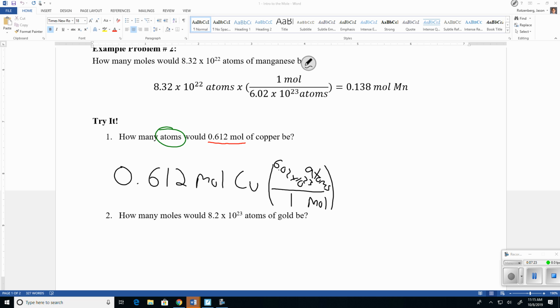Remember when we did a lot of metric conversions, the base unit had the number 1 in front of it? Mole was kind of like our base unit here. So what you would do is you would multiply because the number's on the top of the conversion. And this is where we need to be comfortable with our calculator.